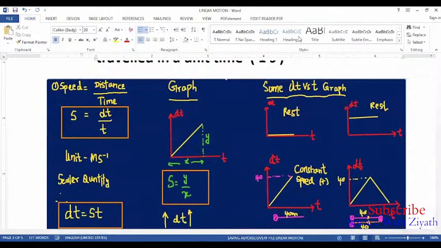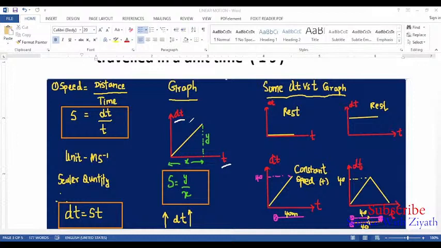Look at this one, first graph. The first graph says actually, listen, the distance in the y-axis, and I have put time here. The graph which is drawn with distance in y-axis and the time in x-axis is called distance time graph.